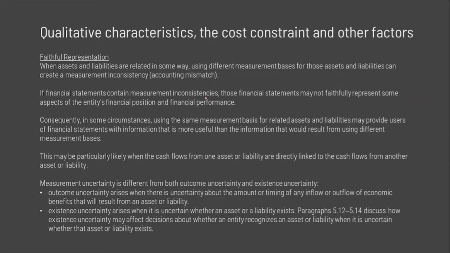Outcome uncertainty or existence uncertainty may sometimes contribute, but does not necessarily lead to measurement uncertainty. For example, there is no measurement uncertainty if an asset's fair value can be determined directly by observing prices in an active market, even if it is uncertain how much cash that asset will ultimately produce, and hence there is outcome uncertainty. Existence uncertainty may affect decisions on whether an asset or liability is to be recognized.